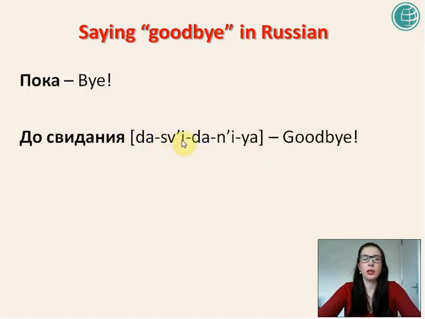Here the letter is reduced, that's why we read this letter as A. До свидания, which means goodbye. До свидания literally means until the next meeting, because свидание in Russian language means meeting. До свидания, goodbye. It's a more formal way of saying goodbye in Russian.